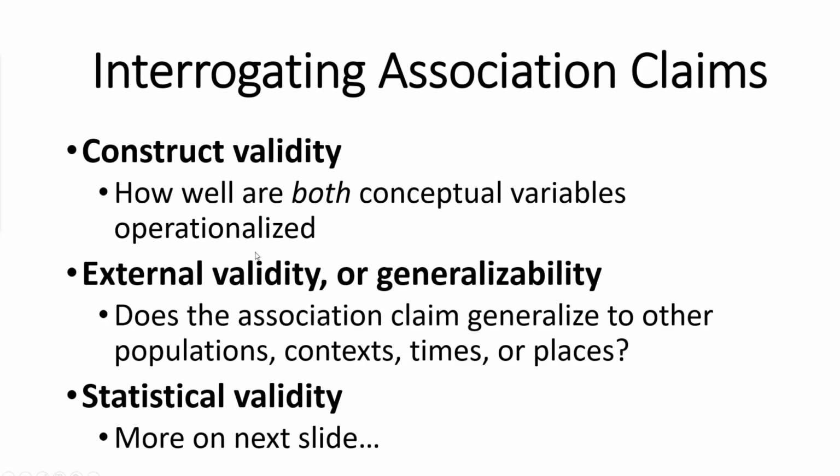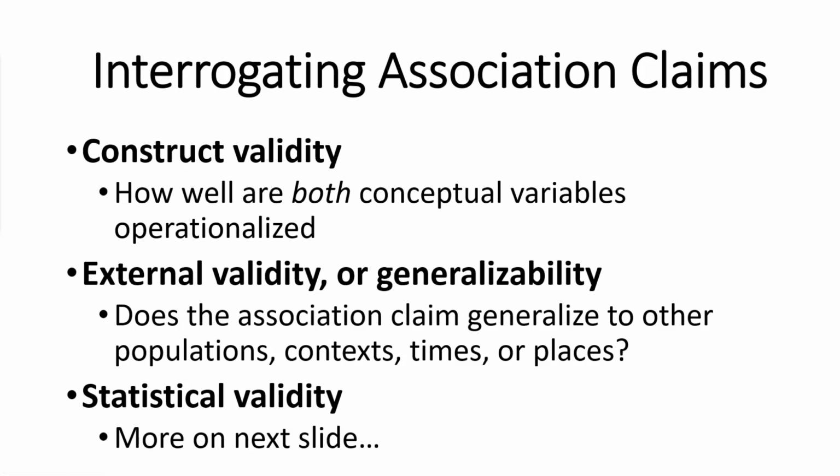And again, for external validity, how well are we sure that their claim can apply to a larger population? So the same kind of critical thinking there. But when we get into these association claims, our statistics start to matter just a little bit more.